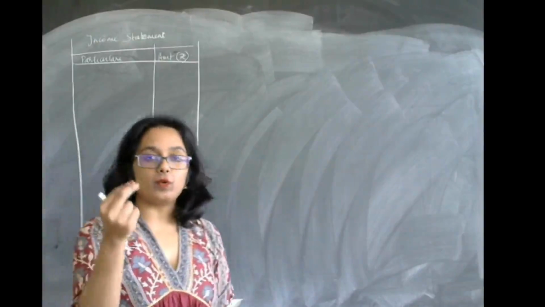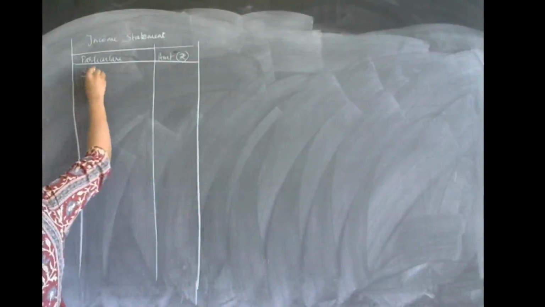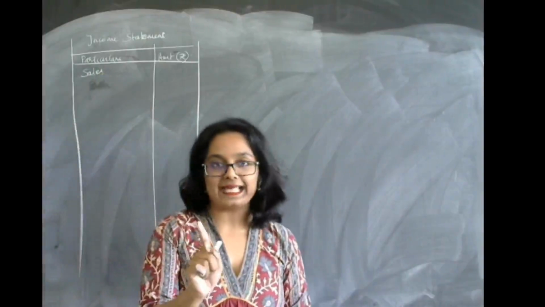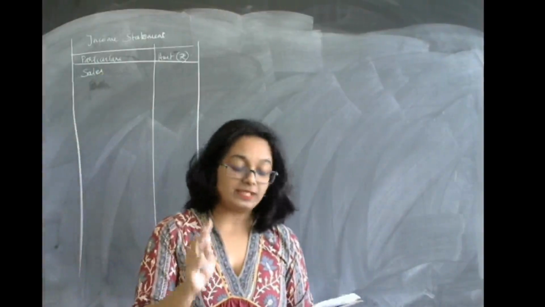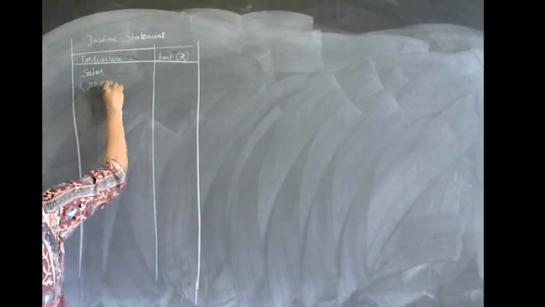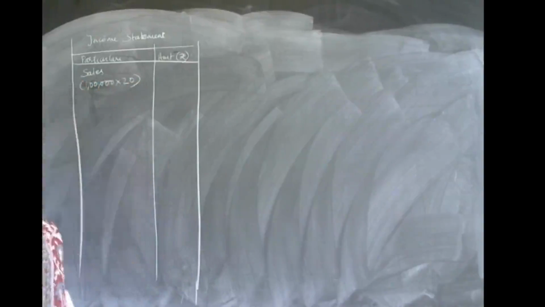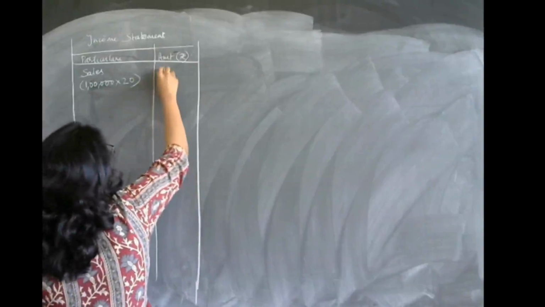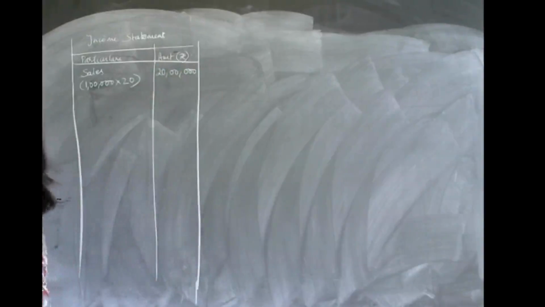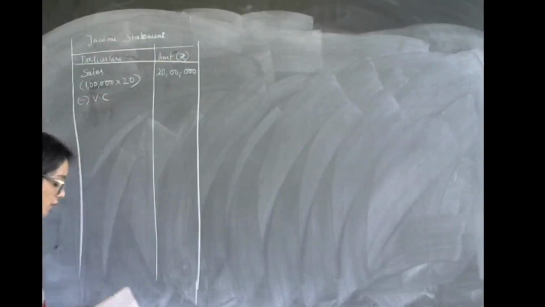So the first component in income statement is sales. Now sales, they have told us that the unit sales is 1 lakh and the selling price per unit is 20. So 1 lakh units and selling price is 20 rupees per unit. So 1 lakh into 20, it comes to 20 lakh.